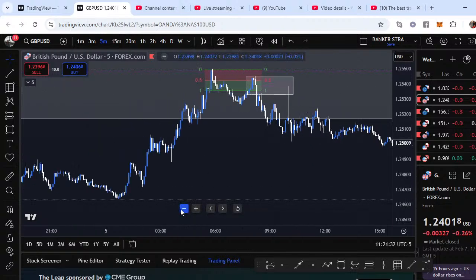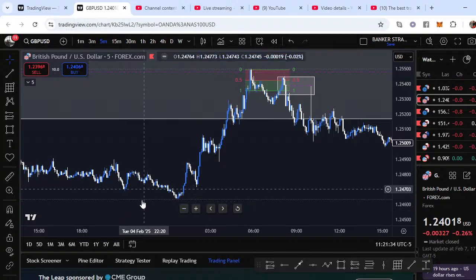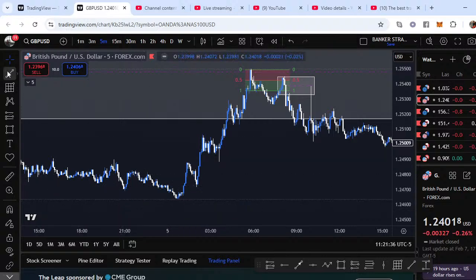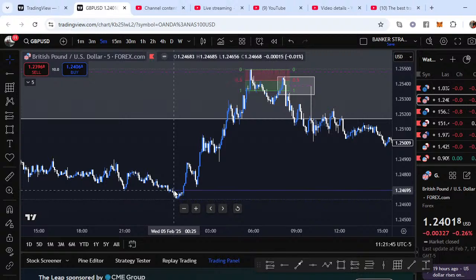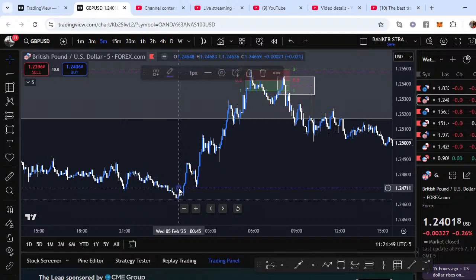Where we taking it? We take it to this low here. Actually, you know what? We take it to this low because there's a fair value gap before the order block.